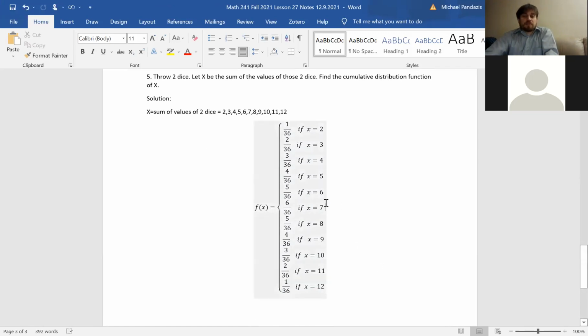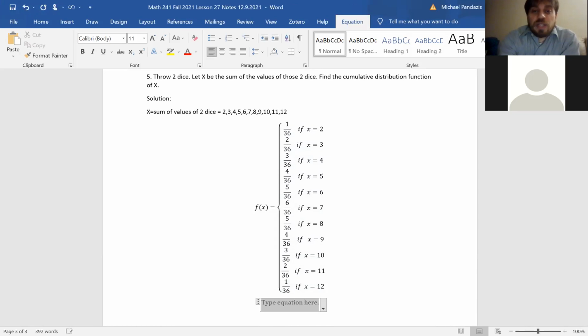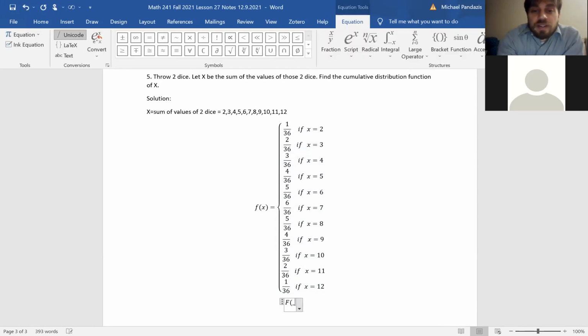The sum of rolls of 2 dice, or value of x. And so to find the cumulative distribution function, you just use that PDF there. So F of x is equal to 0 if x is less than or equal to 1.